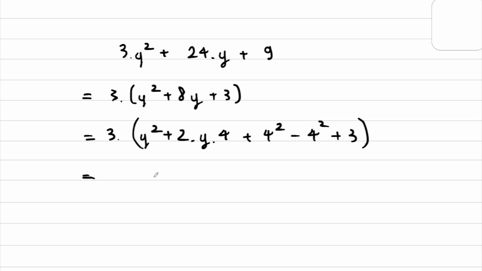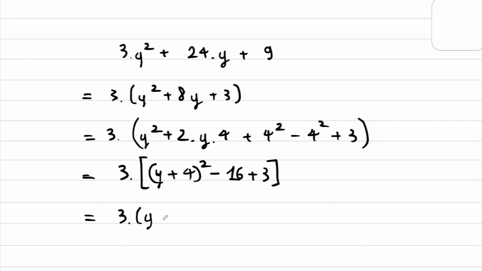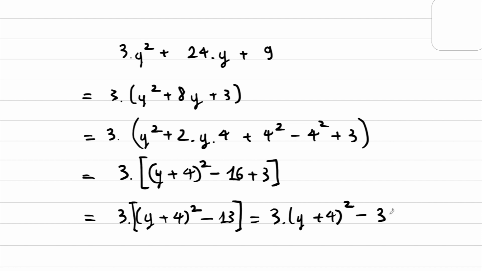And completing the square inside the bracket, you've got y plus 4 squared minus 16 plus 3, and set up in the square bracket like here. You will have 3 multiplied by y plus 4 squared and minus 13 here, and then expand with 3 outside the square bracket. You will have 3 multiplied by this one, minus 39.